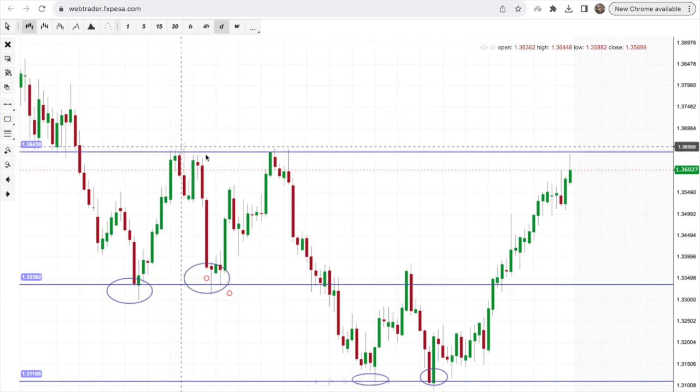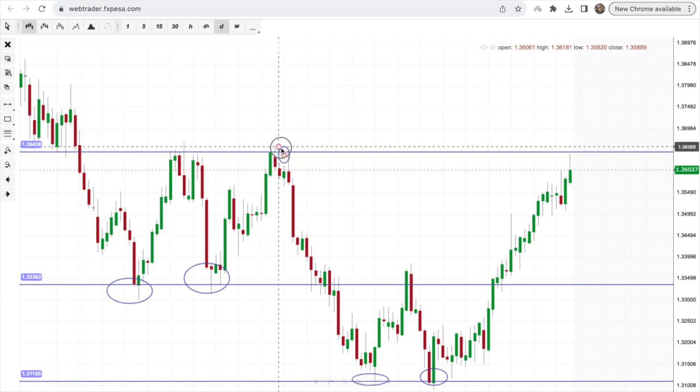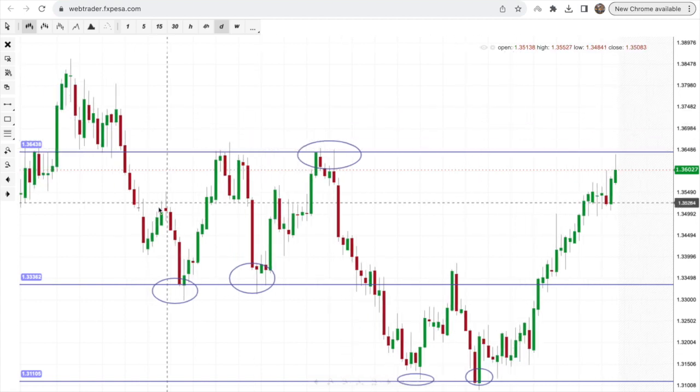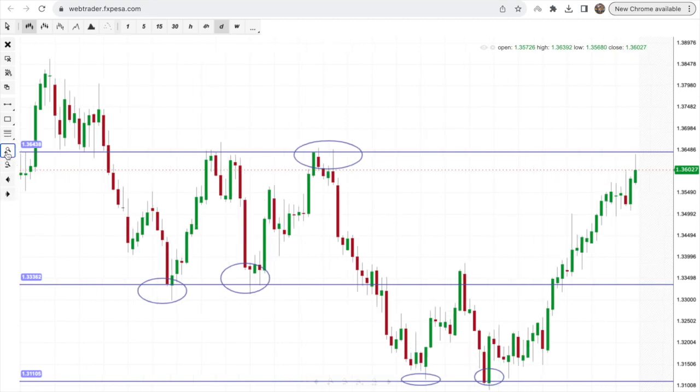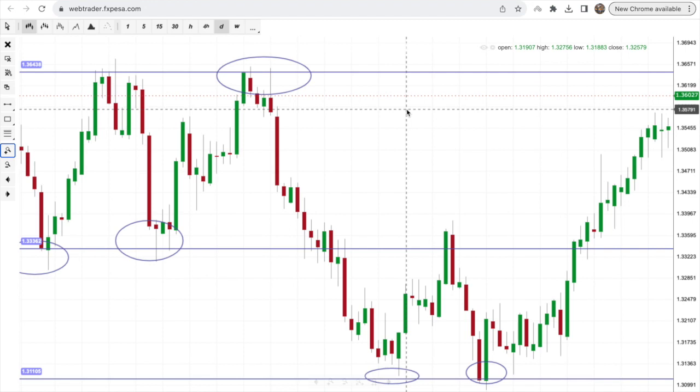What happens after it hits that level? Goes back all the way up. Clean money. Clean money. Yeah, see that. That's what we call good money.